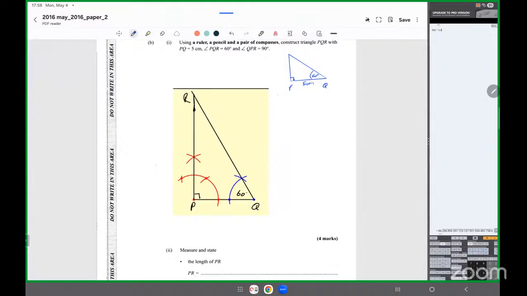Something like that. Then they say, measure and state the length of PR.